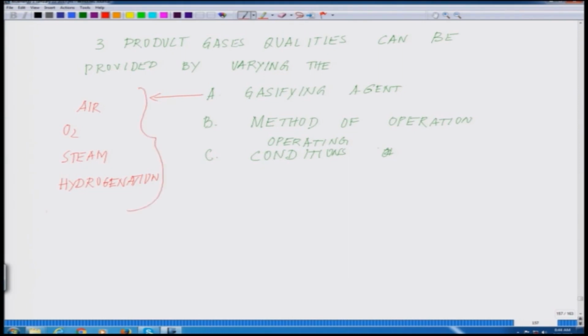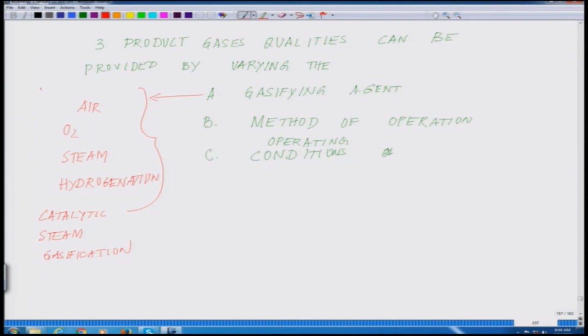Okay? You are using different kinds of catalytic routes or catalysts. Okay? Catalytic steam gasification.